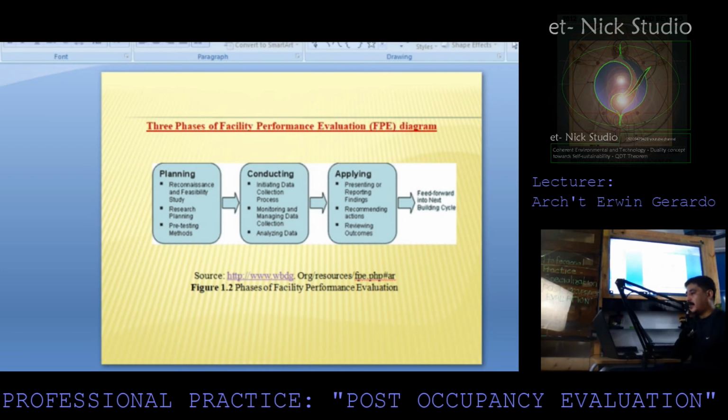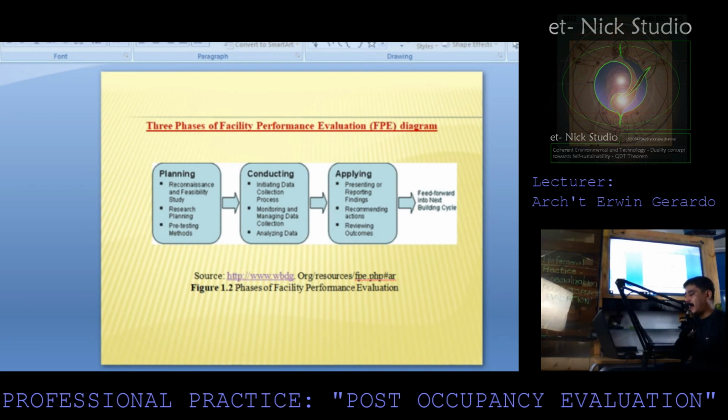There are three phases of facility performance evaluation, or FPE, in this diagram, namely planning, conducting, and applying. Under the planning phase, number one is a reconnaissance and feasibility study, next is research planning, and finally pre-testing methods. Under the conducting phase, first is initiating data collection processes, succeeded by monitoring and managing data collection, and finally analyzing data.